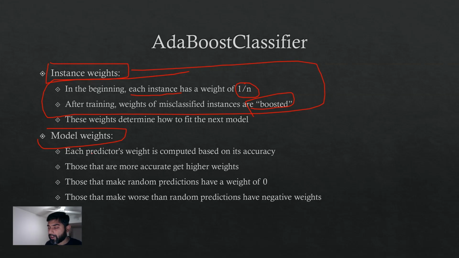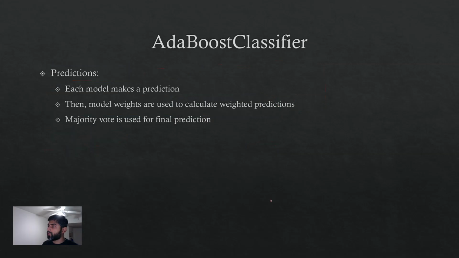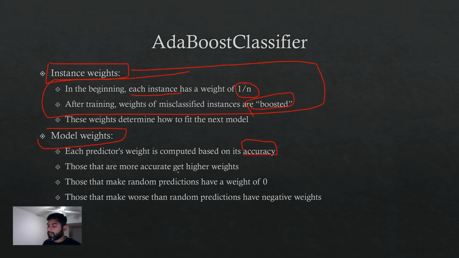When we talk about model weights, each predictor's weight is computed based on its accuracy. Those which are more accurate get higher weights. Those that make random predictions have a weight of 0. Those that make the model worse than random predictions have negative weights. So the model decides which feature or which column is making a good prediction.